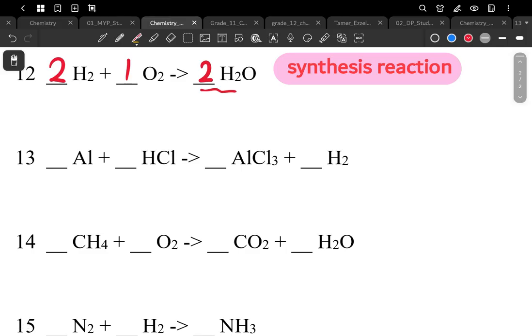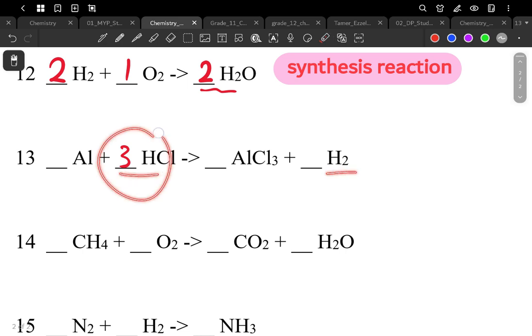Aluminium reacts with hydrochloric acid to form aluminum chloride and hydrogen gas. This is a single displacement reaction. I'm going to write it down and explain it. The Cl here is 3, the Cl here is 1, so I'm going to add a coefficient of 3 here. That's the first step. Then the hydrogen: 3 hydrogen atoms, and here is 2.